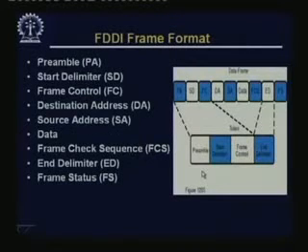Now, a quick look at the FDDI frame format. As I said, FDDI is a technology which is not moving forward very much these days. As a matter of fact, it may be slowly on its way out, because we have other ways of achieving the main point of FDDI, which is its fault tolerance.